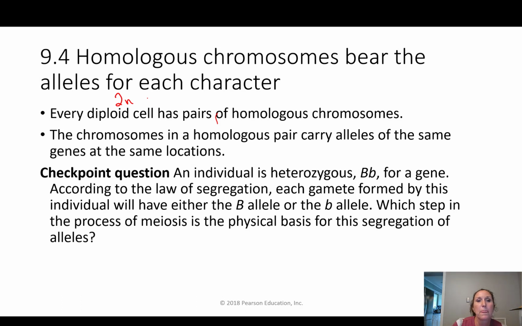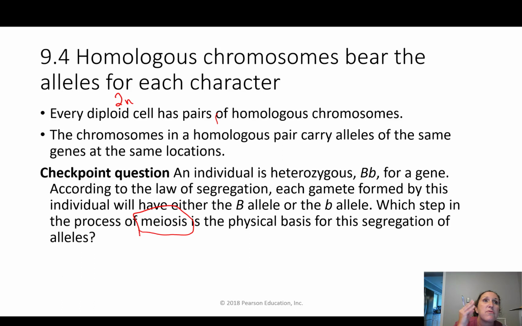So, an individual that's heterozygous for a gene, according to the law of segregation, each gamete formed by this individual will have either a big B or a little b. Duh, right? That's all they have to offer. Which step in the process of meiosis is the physical basis for this segregation?